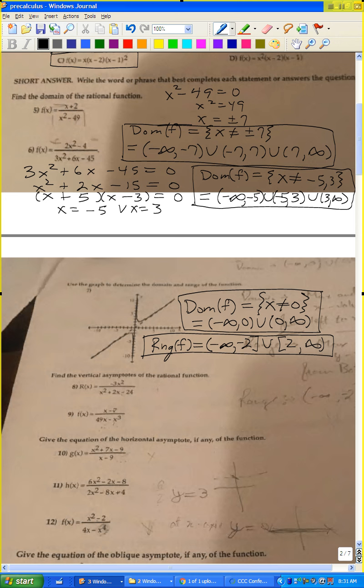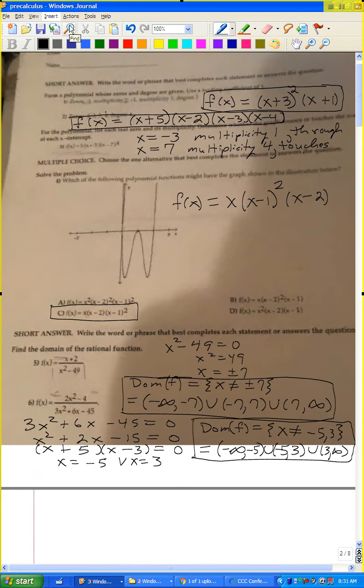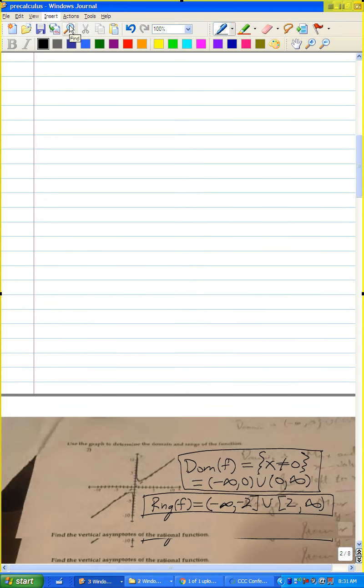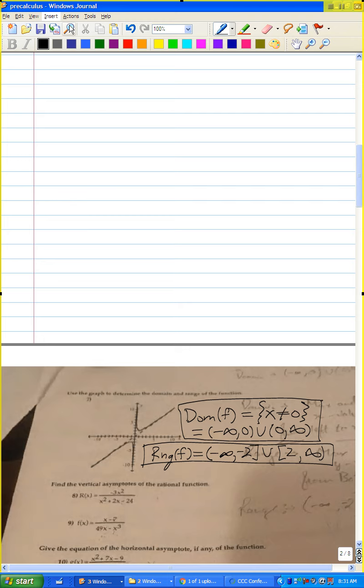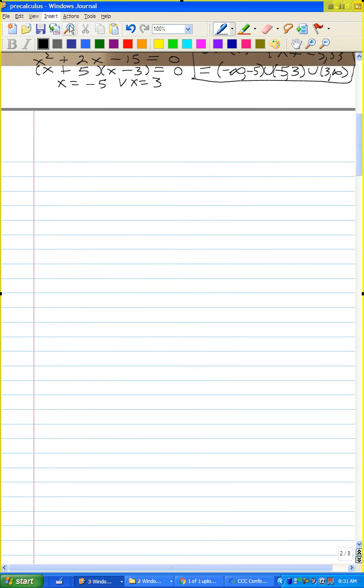Find the vertical asymptotes. Okay. And so let's find the vertical asymptotes. Actually, I think I might add a blank page here, so I can put some stuff in here. Okay, so this is problem number 8.